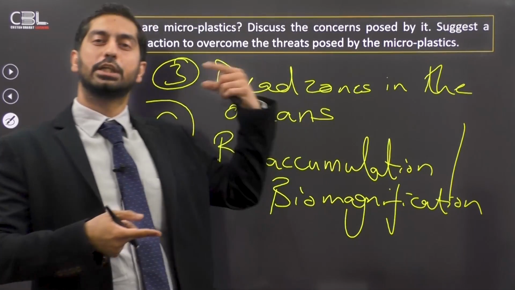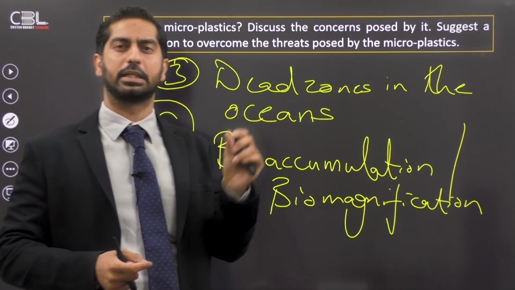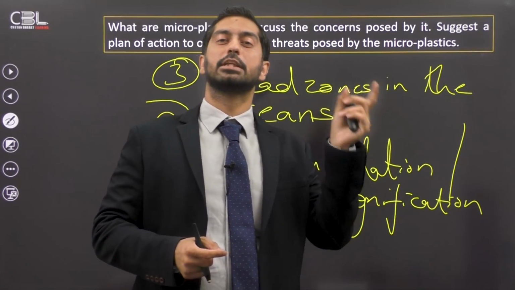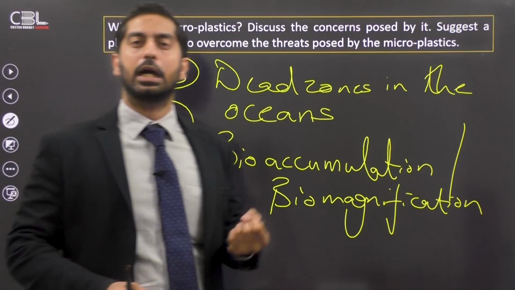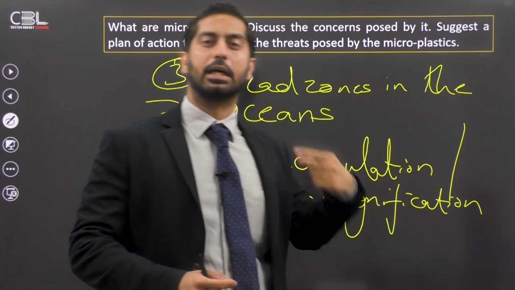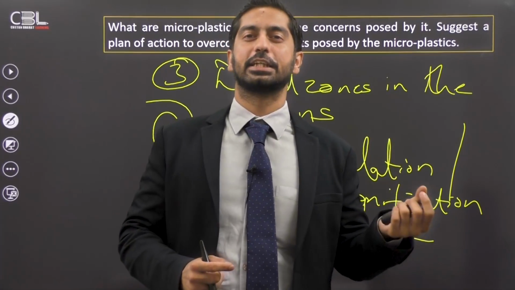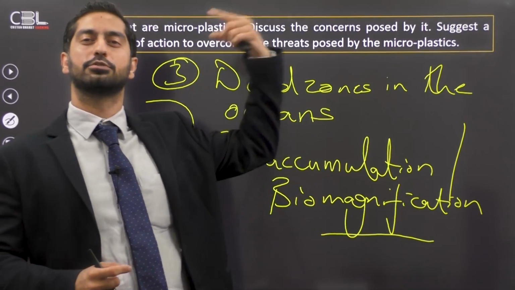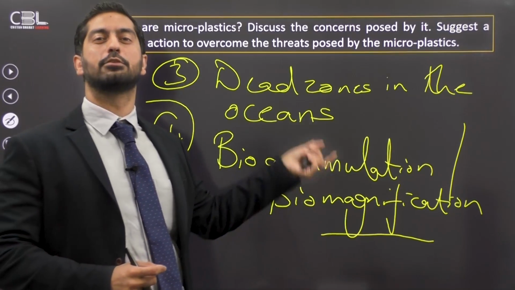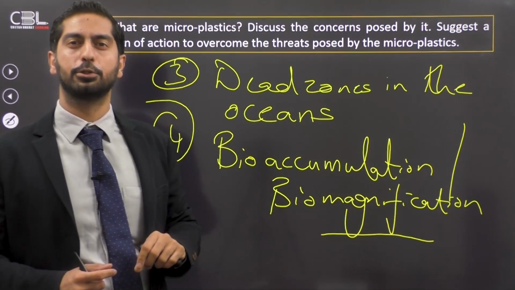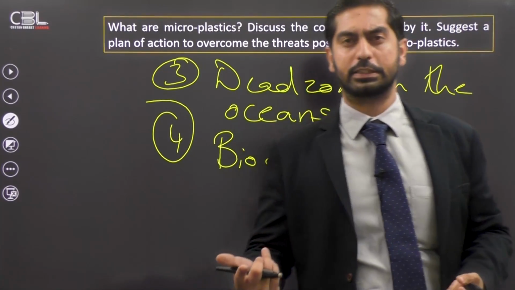The microplastics and the synthetic chemicals constituting the microplastics have the potential for bioaccumulation. They get absorbed in the food chains. And what is biomagnification? This is the increase in concentration of a pollutant as it moves to the higher trophic level. So every higher trophic level would have increased concentration of pollutant, and ultimately this results in loss of biodiversity.